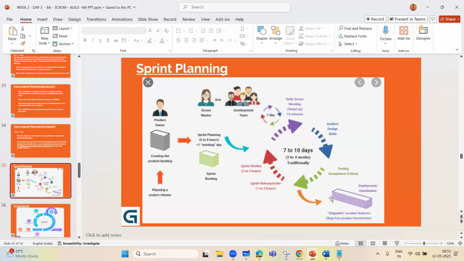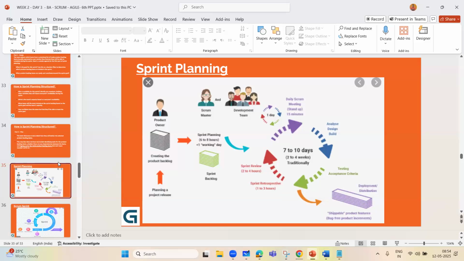When everyone agrees, everyone starts working, and daily everyone meets in the daily stand-up meeting. One fine day, you will call the client for the sprint review. When the client says, okay, it looks good, please deliver this, the moment you deliver it, you are supposed to do the sprint retrospective meeting.